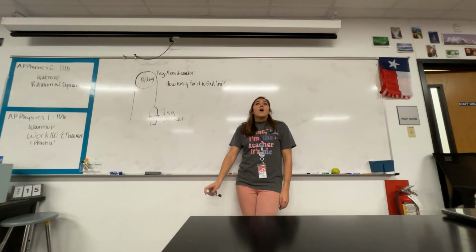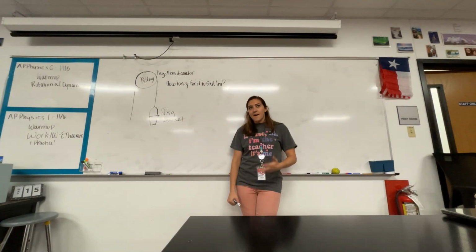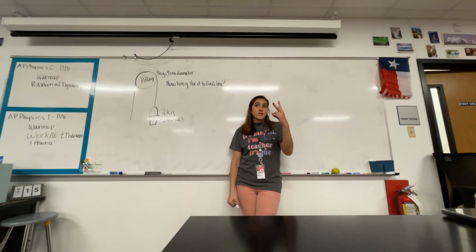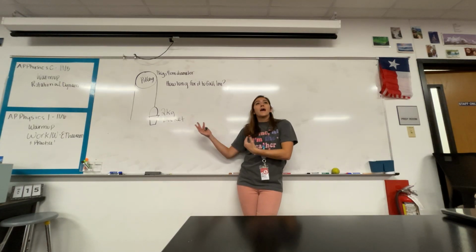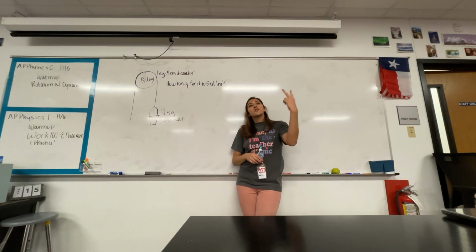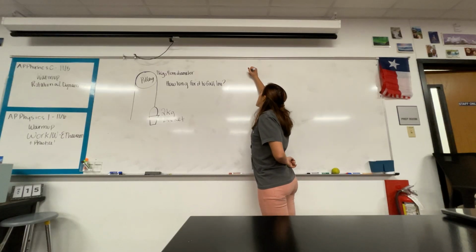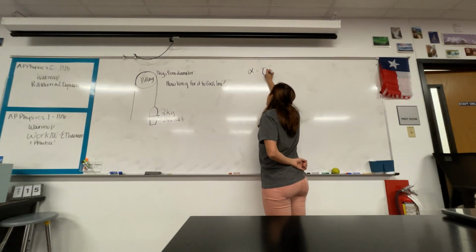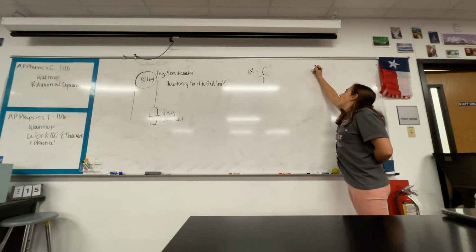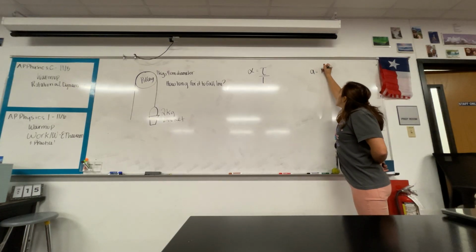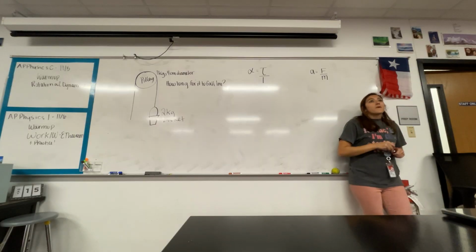One strategy when solving things like this, you should think of it as having a system of 2 equations. When you have this scenario with a pulley and an object that's falling, you have 2 Newton's second laws. You can write out Newton's second law in rotational, and you can write out Newton's second law in translational.